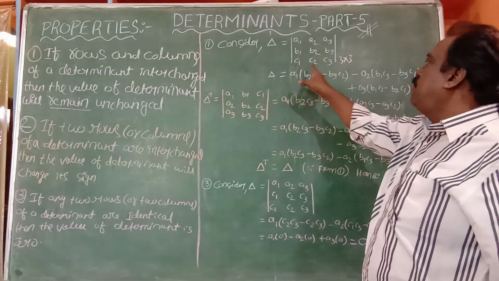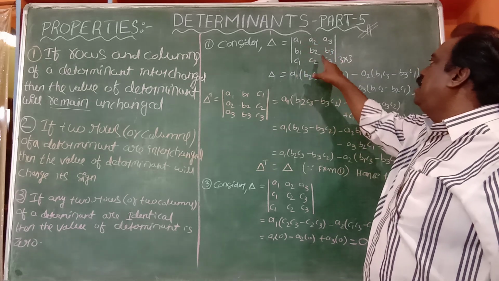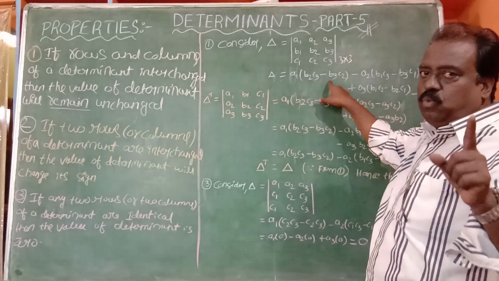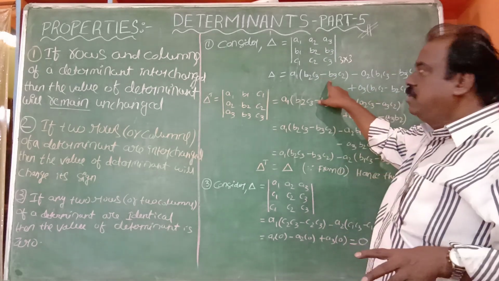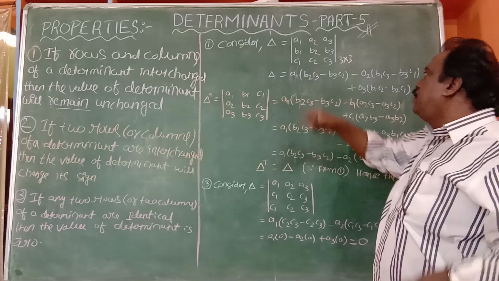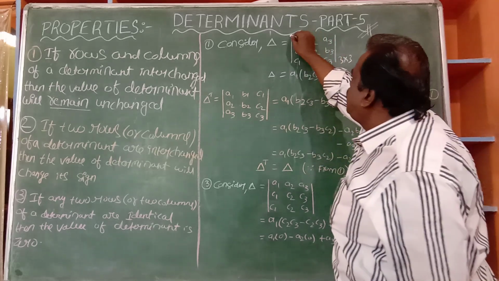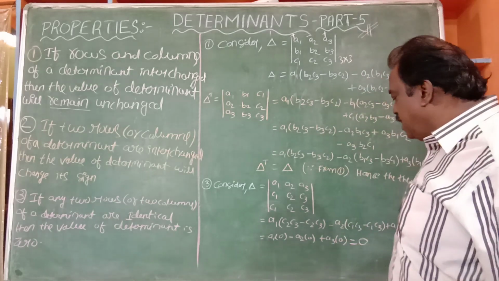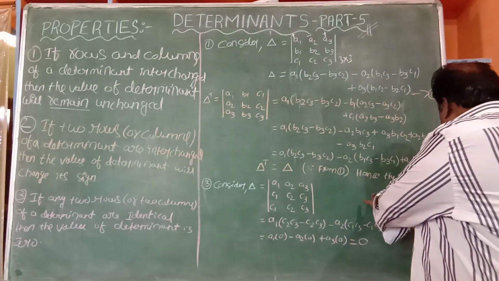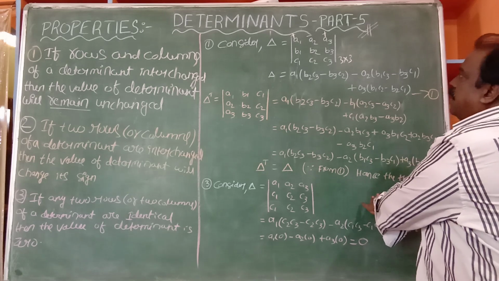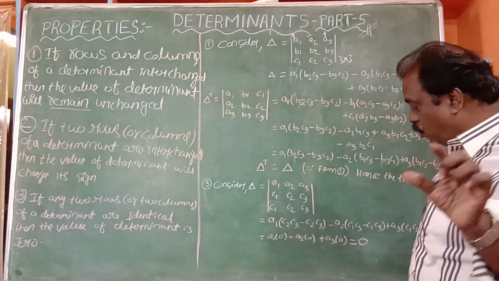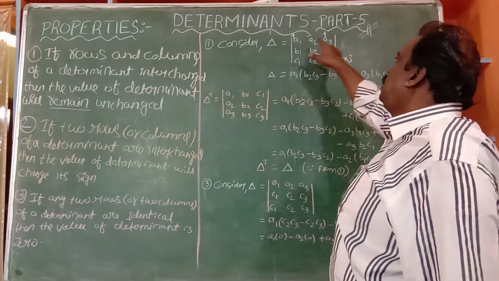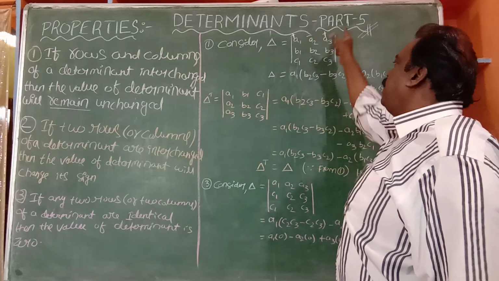Delta is equal to the 3 by 3 determinant. Its value is A1 of B2C3 minus B3C2, minus A2, because it is plus, minus, plus. Always the determinant will be calculated along the first row; you practice like that only. Plus, minus, plus.